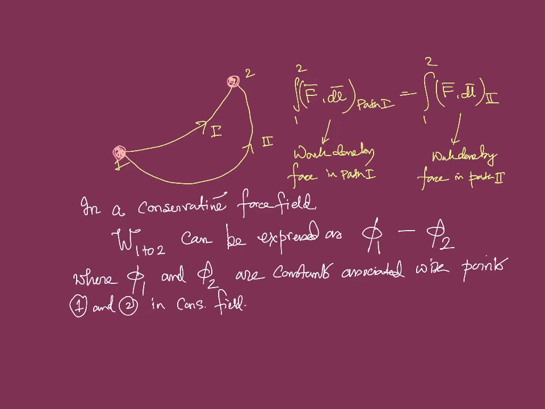So as the work done from 1 to 2, this integral F dot dl from 1 to 2, is not dependent on path, so I am not mentioning the path here, it can be expressed this way. So this depends on the points 1 and 2 only. So we express it as the difference between these two constants.